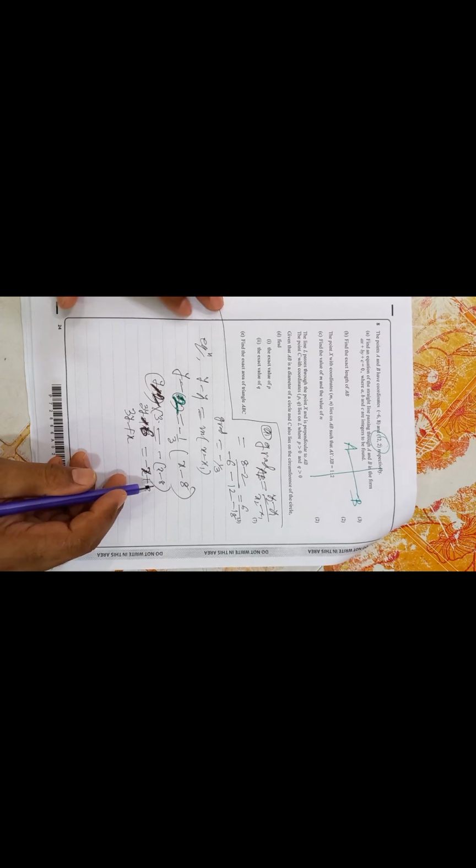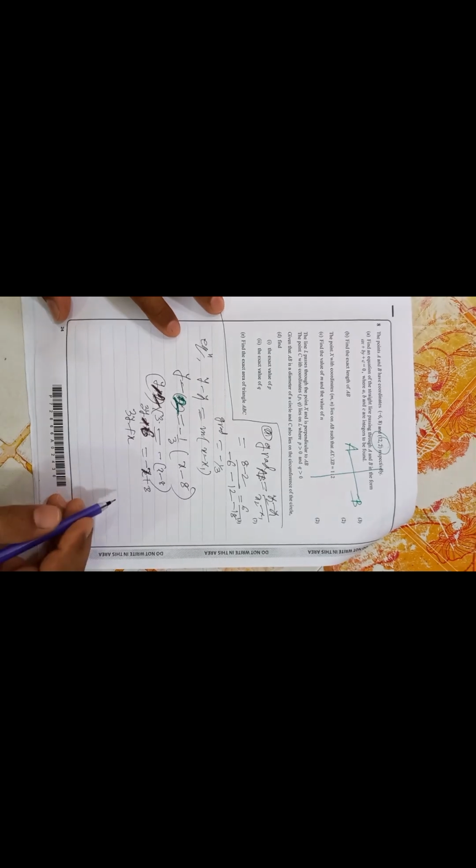So y minus 2, multiplied by 3, gives 3y minus 6, and on the other side minus x plus 12. This is also correct anyway, no problem.